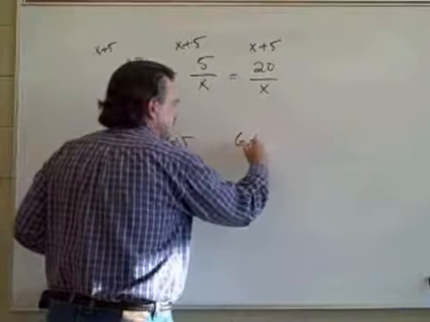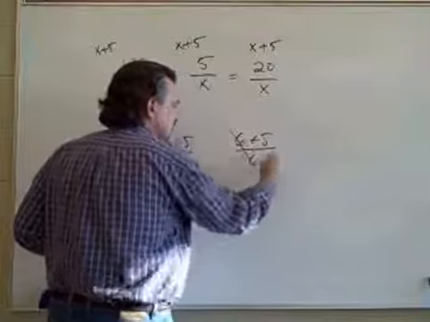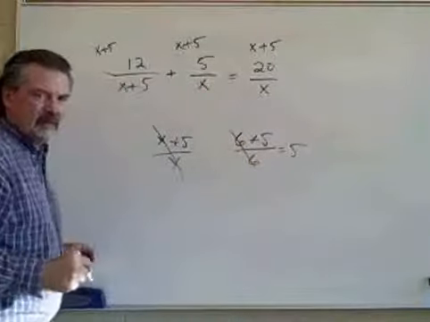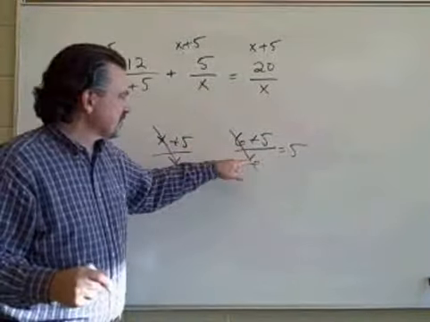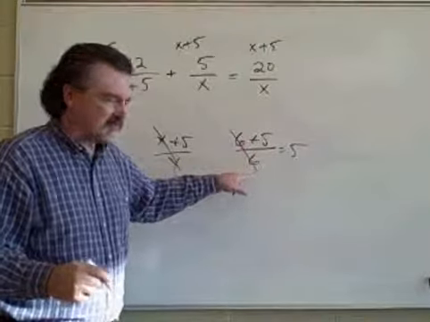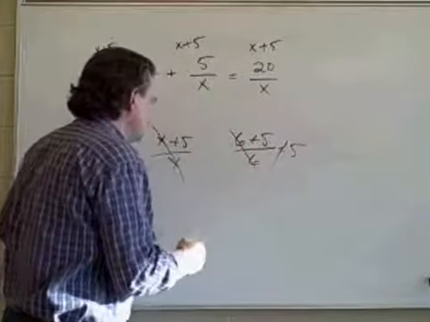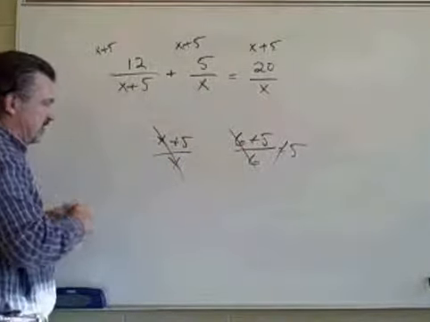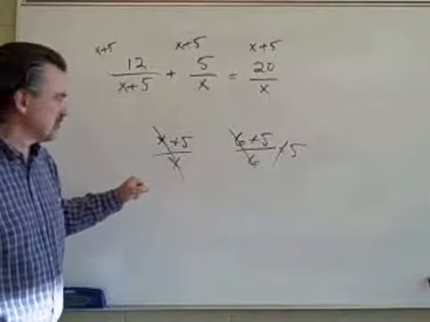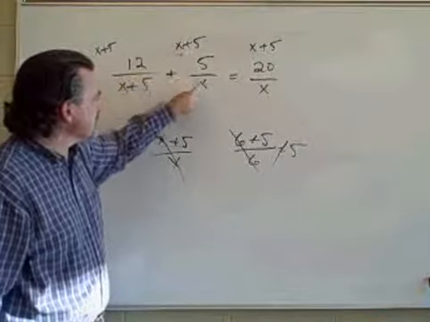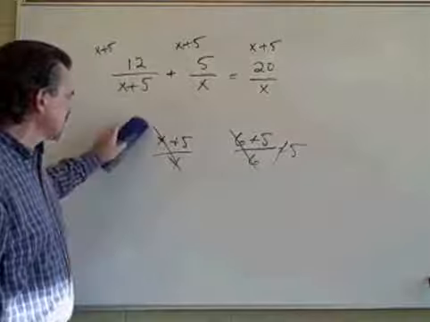That would be like saying 6 plus 5 over 6 is equal to 5. And we know that's not true. 6 plus 5 is 11. That's 11 sixths. That's not true. You can't cancel like that because this 6 is tied up in addition. So this x can't be used to cancel that x.